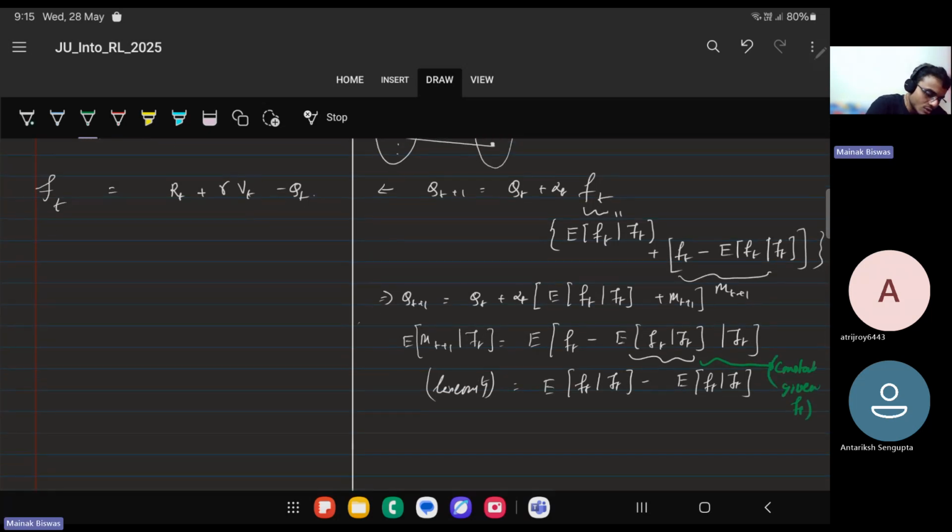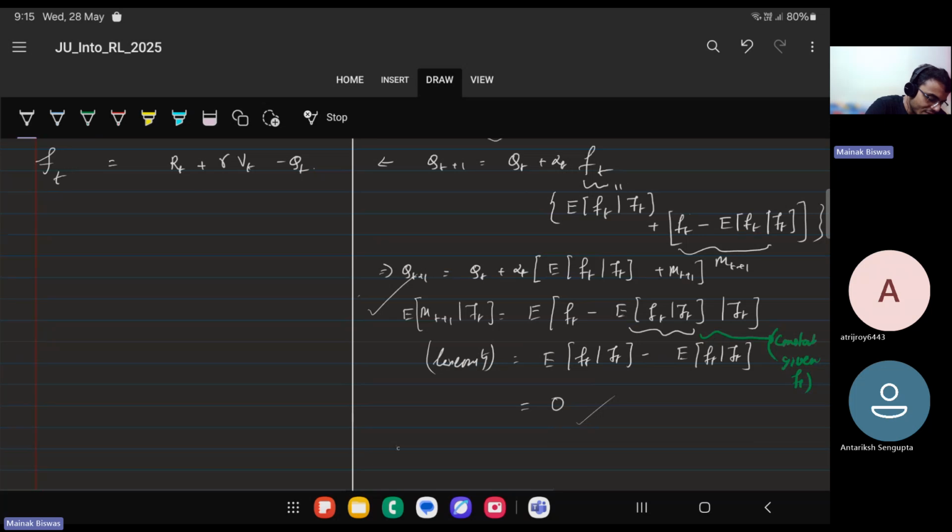Okay. So this turns out to be 0. And that's what I want, right? I want the martingale to be 0. It's fine. Clear? Okay. So now I know that if that is true, it tracks the ODE. We have done this in great detail.